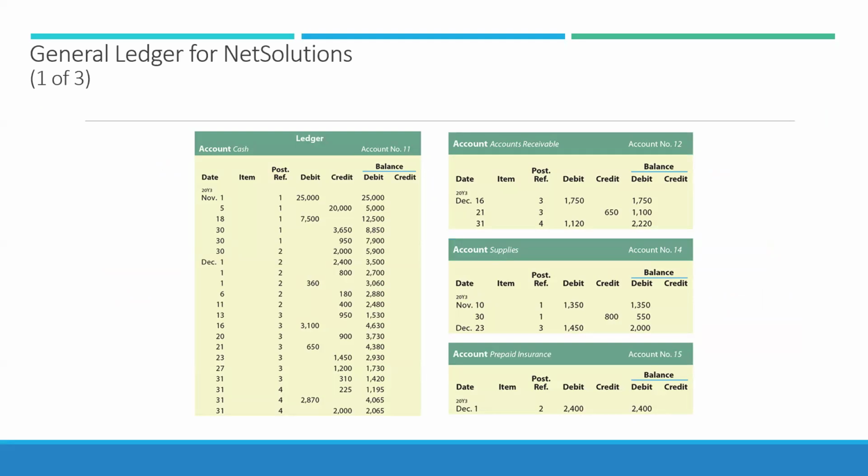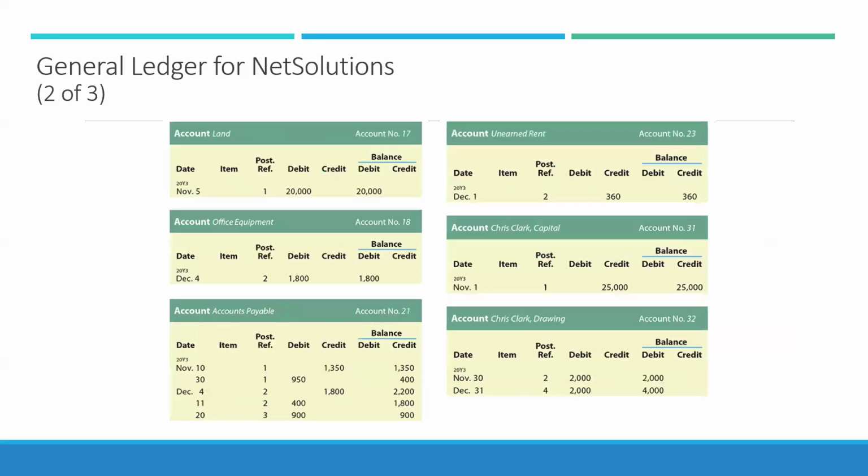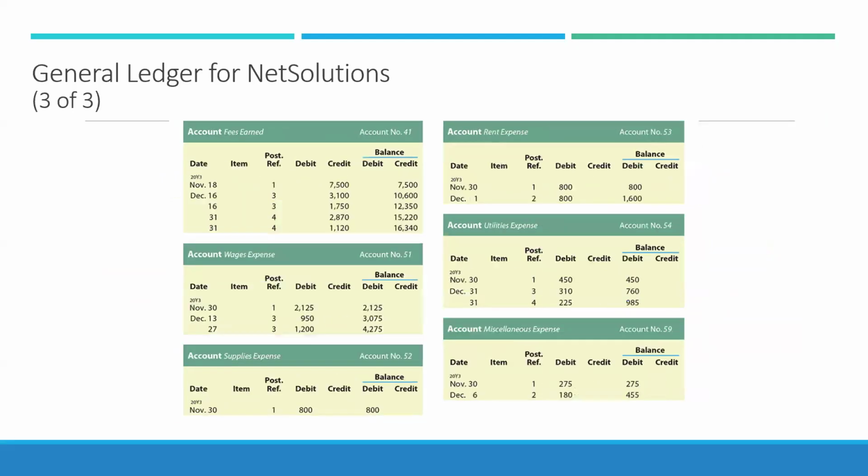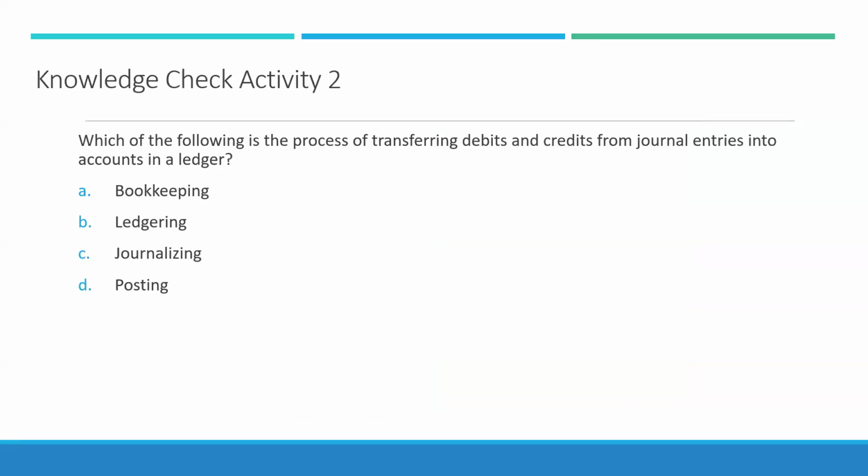We show to each account what we've debited and credited. We've posted all these accounts. The transaction with land, we've posted that. We've got various transactions that all have debits and credits posted to them at the end of the month.